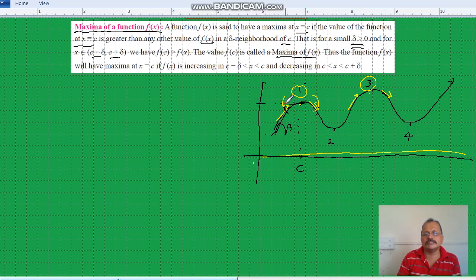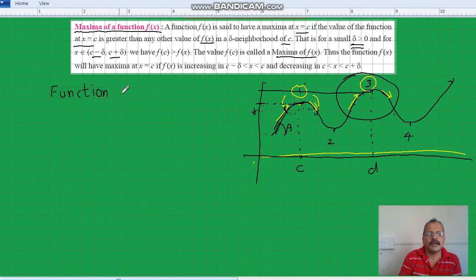Remember that on the y-axis the upper value is greater, so anywhere nearby you will observe that the y value is smaller than this f(c). In this third also, this value is the topmost value for any nearby points. The function value is maximum at this point 3, and therefore we can say that if here it is d, then at point x equal to d the function has maxima.